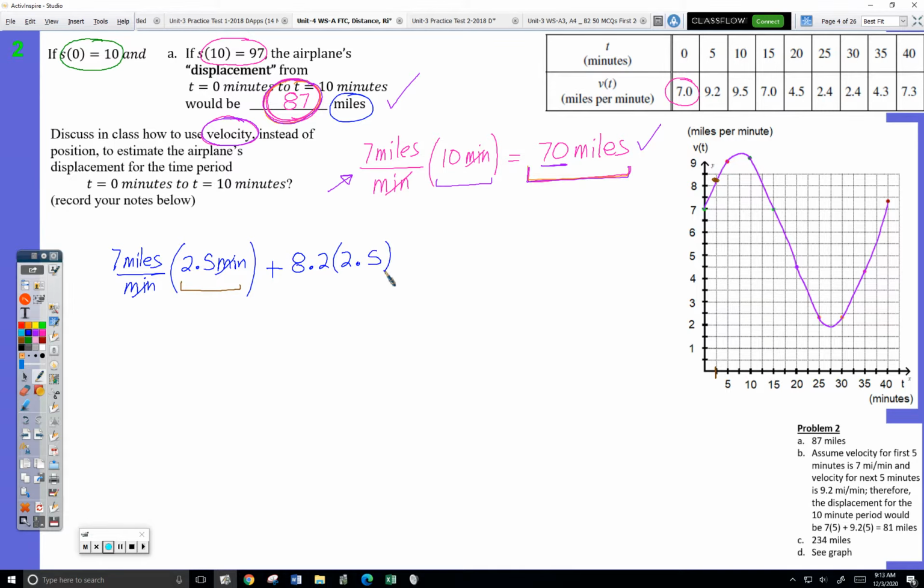And then I just keep going. So I go to the next 2.5 minutes, and now the velocity has changed again. We're at the 5 minute mark. So now the velocity is 9.2. Keep going. Now we go to the 7.5 minute mark. Looks to be about 9.7.